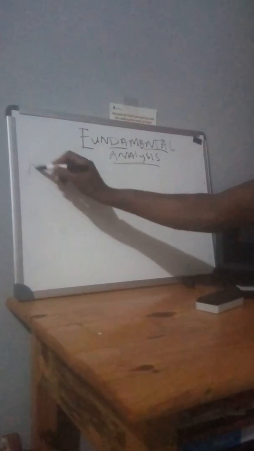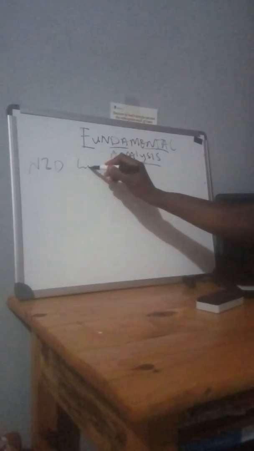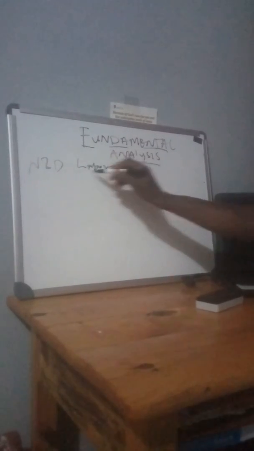So here is a secret. Let's take, for instance, what we have coming up on Wednesday or Thursday. That's NZD, New Zealand labor market data. Okay. Another word for the labor market data is unemployment rate or net change in employment.